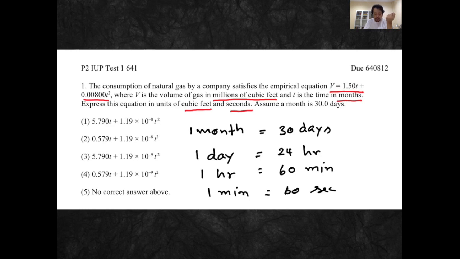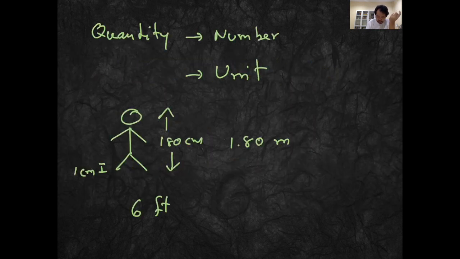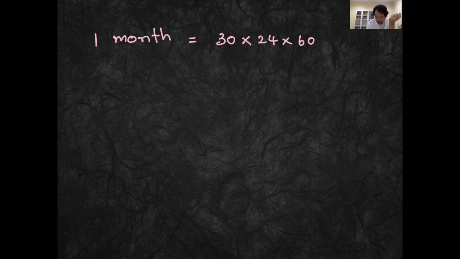Okay, from this, if we want to convert the time of 1 month into seconds, we can use this relation. So we have that 1 month is equal to 30 days times 24 hours times 60 minutes times 60 seconds.